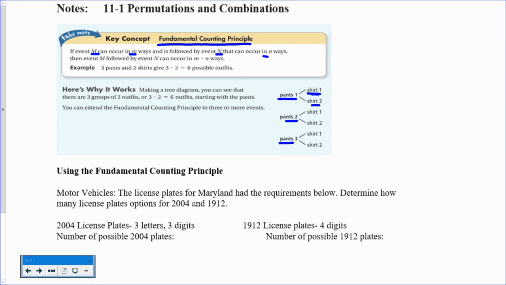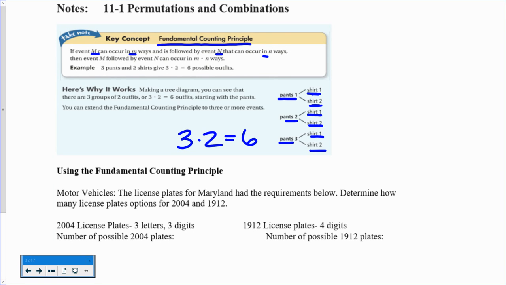So that means there would be 1, 2, 3, 4, 5, 6 options. So the 3 pairs of pants, each of those pairs, you could choose another shirt or the 2 shirts. So that's 3 times 2. That's your counting principle. You are multiplying the amount of different options together. We are going to use the counting principle throughout our lesson today.